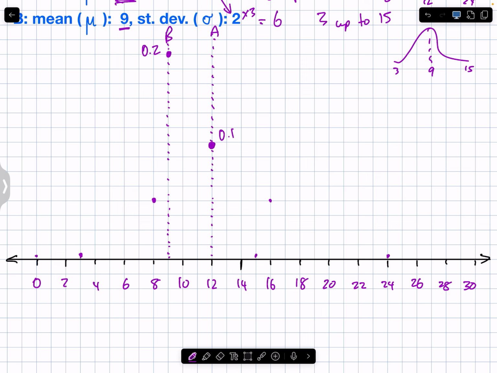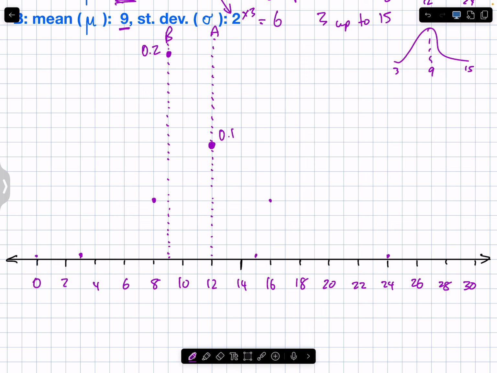Concave, how do you remember? Concave, entrance to a cave. It looks like that. So I'm going to try to do my best, because this is slippery, make this concave. It's about right. And then the rest of this graph needs to be convex. So remember, A goes all the way up to 0.